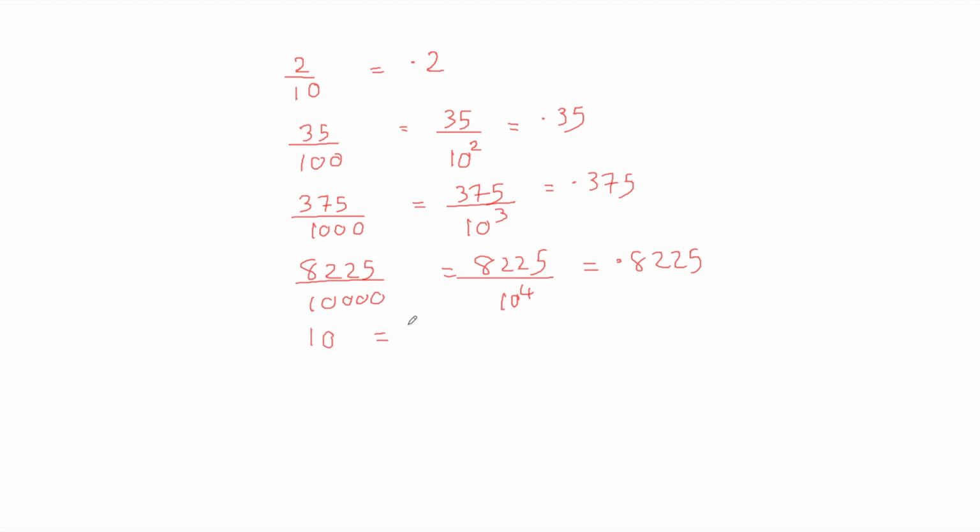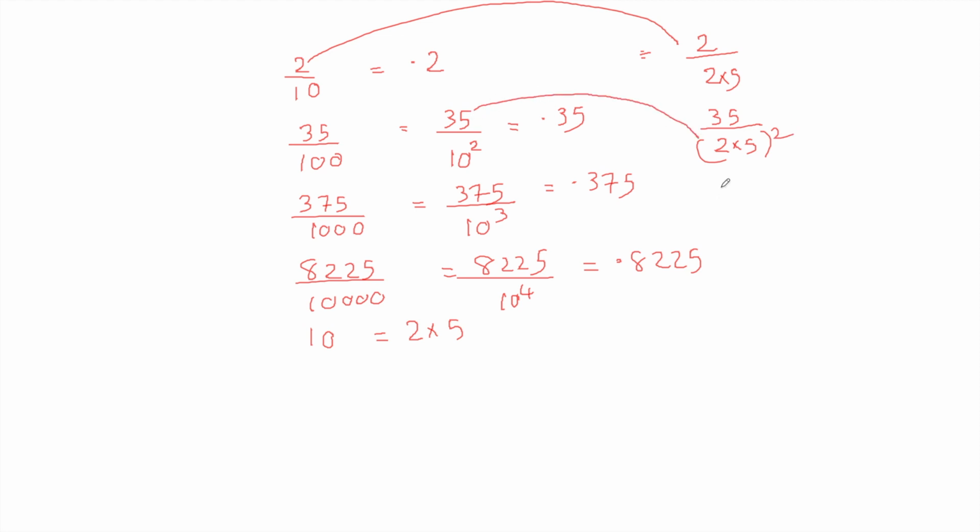And in another way we can explain this. 10 has the prime factors 2 and 5, right? So again we could rewrite it as 2 by 2 into 5. Here 35 divided by, for 10 I am substituting 2 into 5, right?